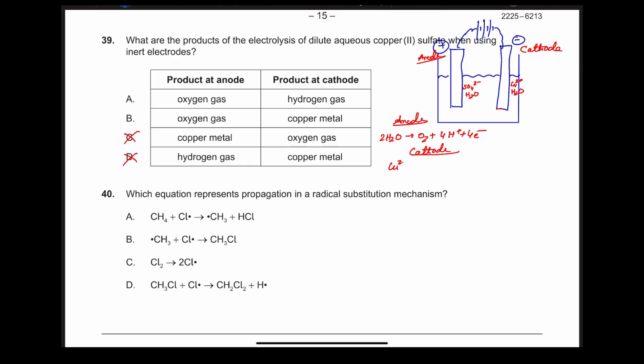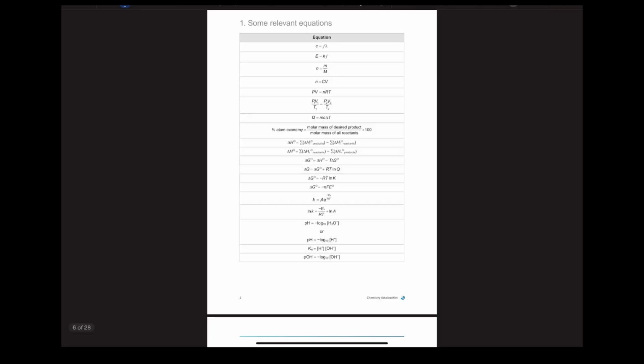Competition will be between these two reactions. Cu2+ plus 2 electrons gives you Cu solid, and then water will absorb 2 electrons to form H2 and 2OH-. You will get both reactions from your data booklet.